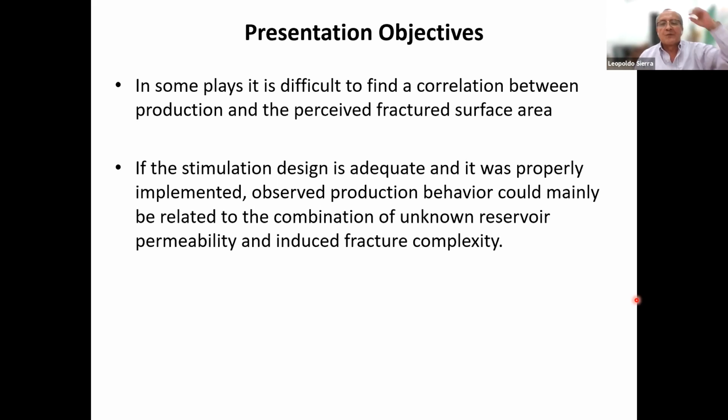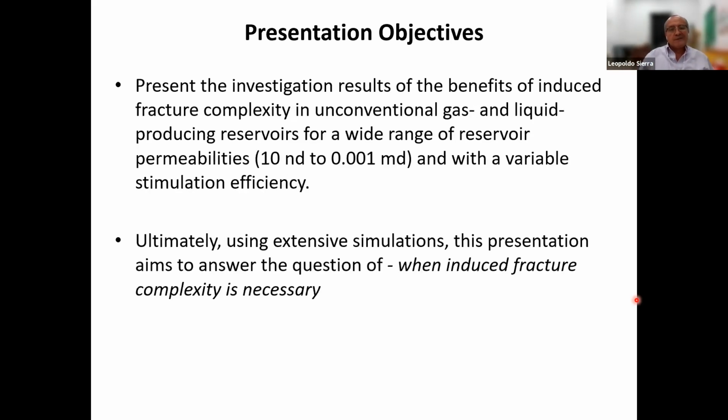Especially if we are stimulating an unconventional formation very well, the production behavior is mainly related to the unconventional reservoir permeability and also to the fracture complexity. So the fracture complexity and the permeability have a good correlation.